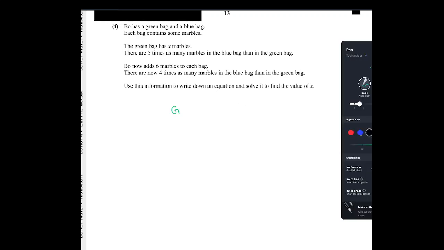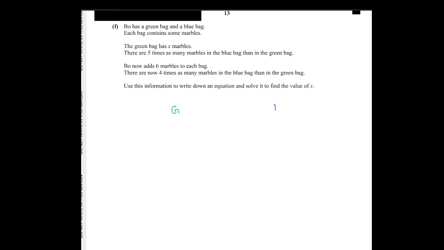F. Bo has a green bag and a blue bag. Each bag contains some marbles. There are two bags, green and blue. The green bag has x marbles and there are 5 times as many marbles in the blue bag than in the green bag.